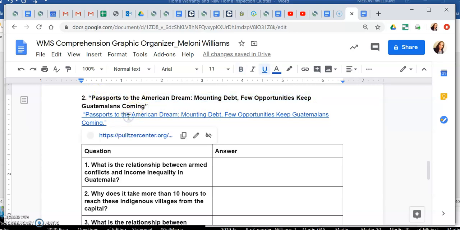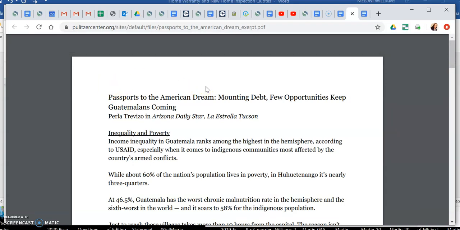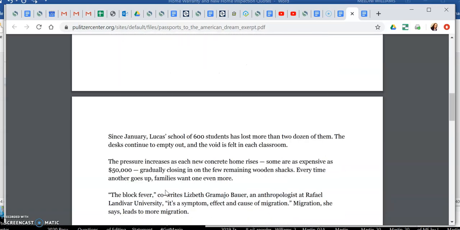We access the article by right-clicking and selecting. This one comes up a little differently. It's not an actual website. We talked about this in the previous video. So you have to copy and paste from this document.